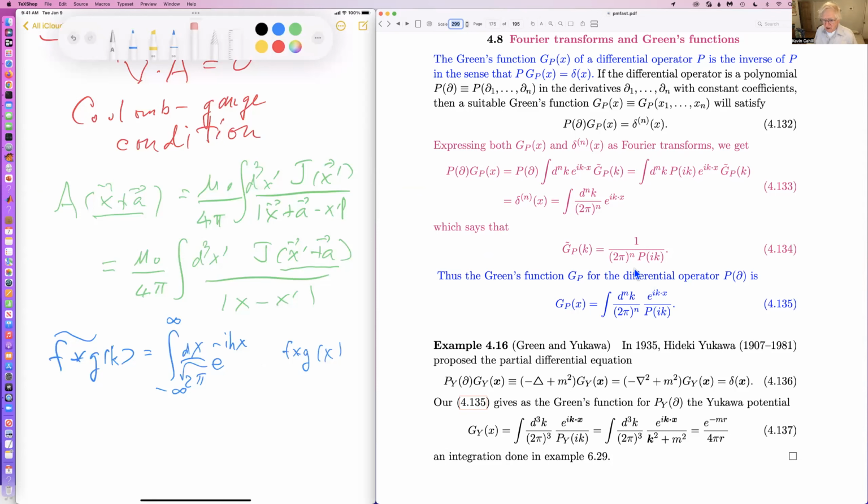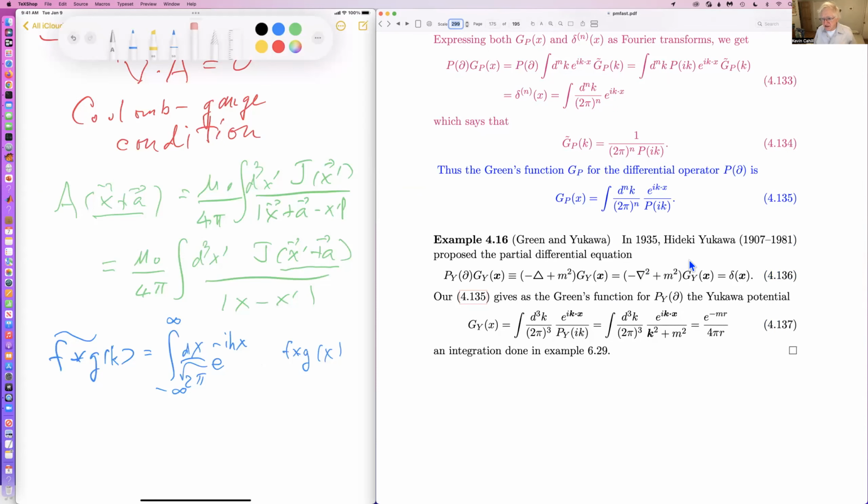An example of their utility is Yukawa's equation, which is minus Laplacian plus m squared acting on a Green's function equals the delta function. This is really a three-dimensional delta function.